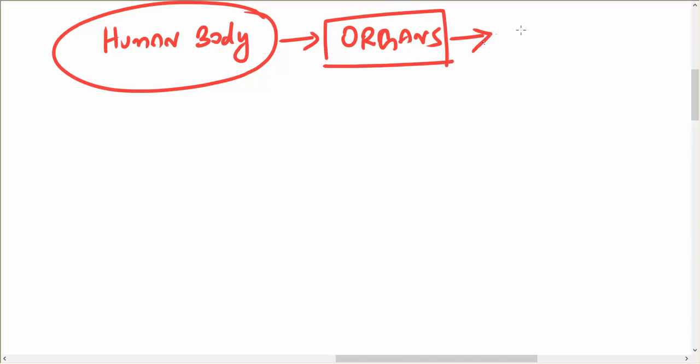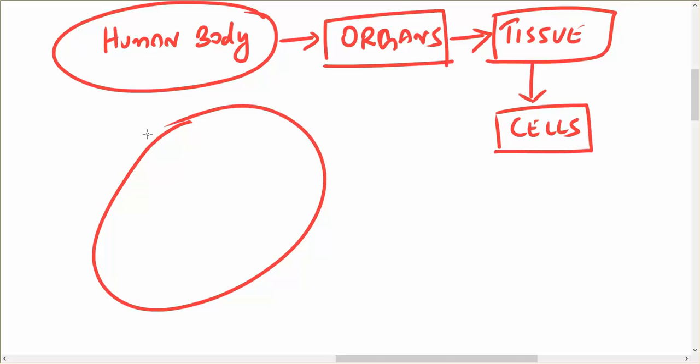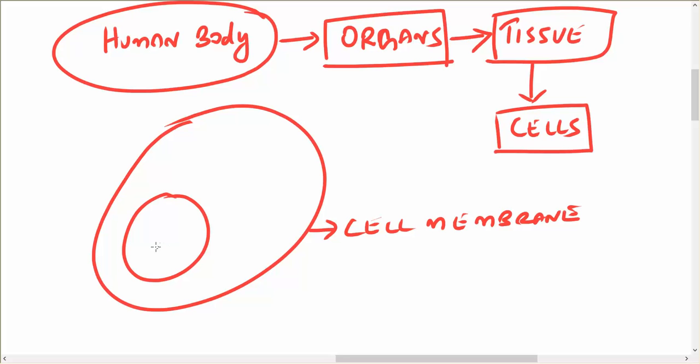Each organ has different types of tissues, and the tissues are all made up of cells. If you take any cell, it has a cell membrane, and a nucleus.